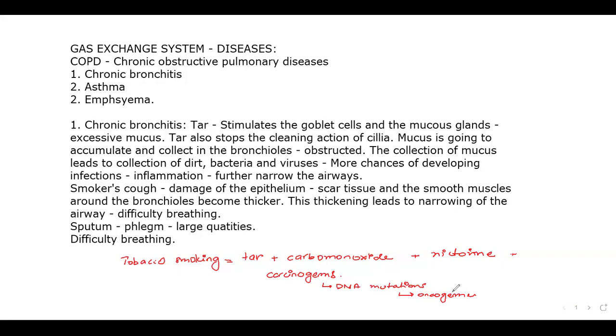This mutation leads to the checkpoints not working properly anymore. This leads to that damaged, mutated DNA passing through unchecked. And since that mutated DNA is not going to be caught, the cell is not going to realize that it's damaged, and the cell will go towards cell division.